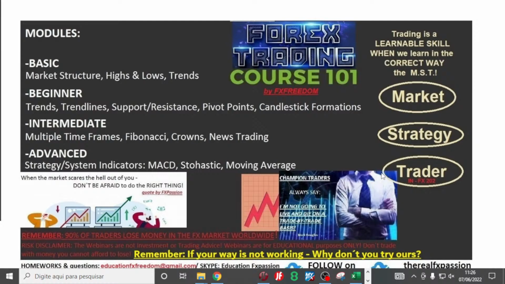You don't need to be profitable, but you need to have the foundational understanding of the basic module, beginner module, intermediate module, and the advanced module. If you study well and train and practice, then you are going to become a good analyst.